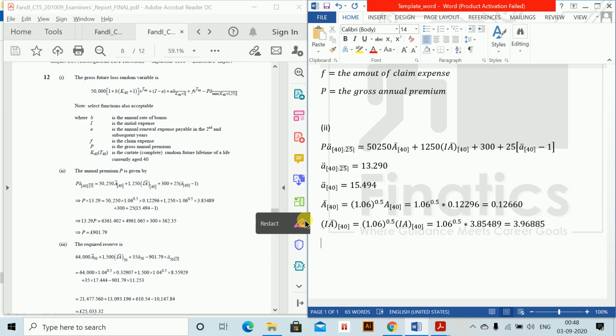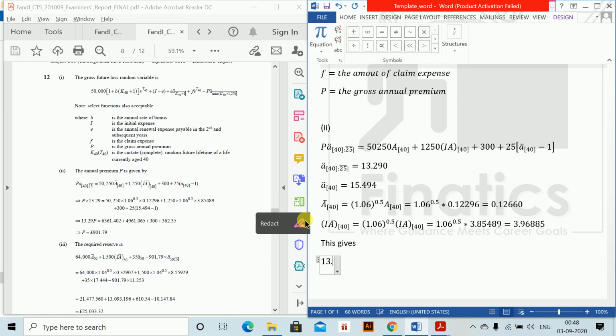Okay, therefore this gives 13.290 P is equal to 50,250 into 0.12660 plus 1,250 into 3.96885 plus 300 plus 25 into 14.494.